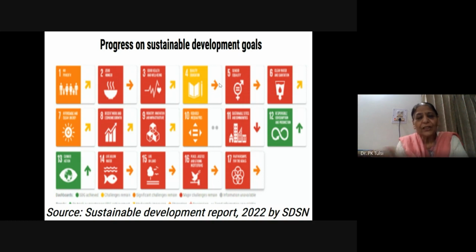So it is trying to provide you what should be and what is. So it is also telling you the problems that exist with respect to these sustainable development goals. And now you are able to see some of the arrows here.